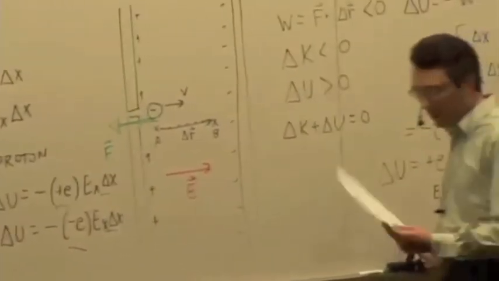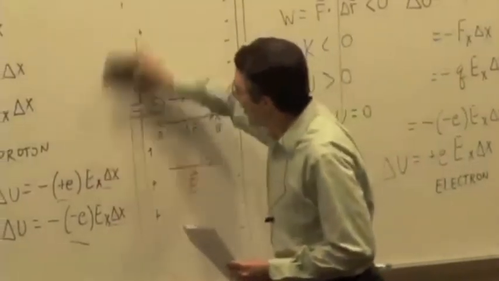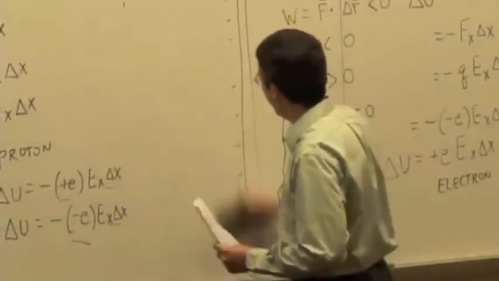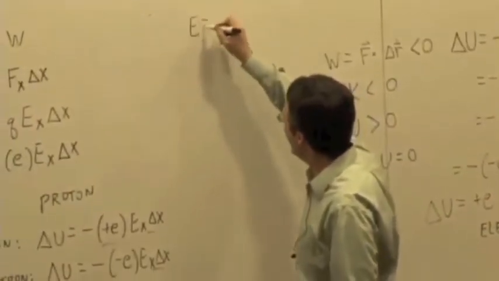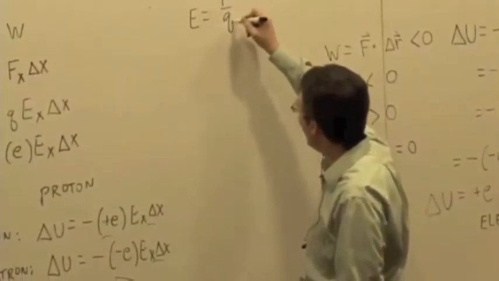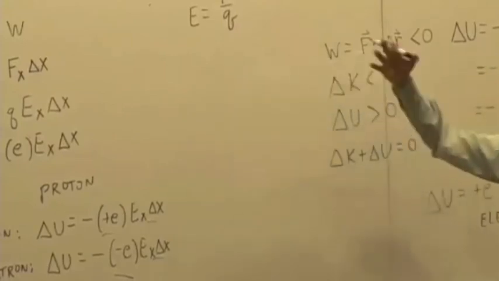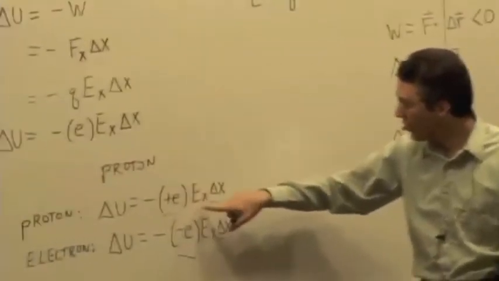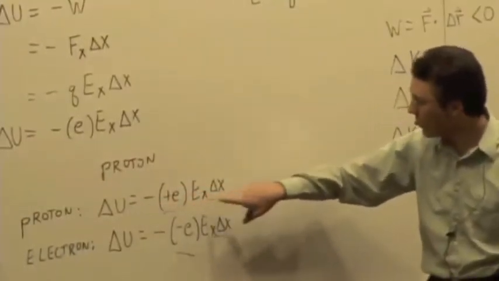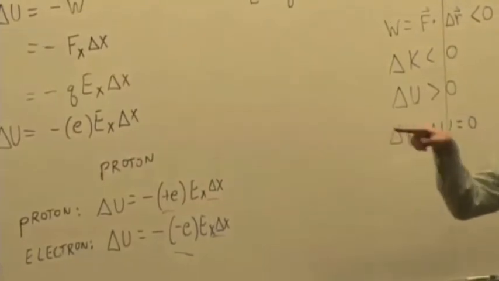So here's sort of the punchline. Just like we've defined electric field to be the force per unit charge, we just divide out the charge and look at the force per unit charge. In this case, the only difference is the charge, but there's still this negative times an E_x times delta x for both of those cases.